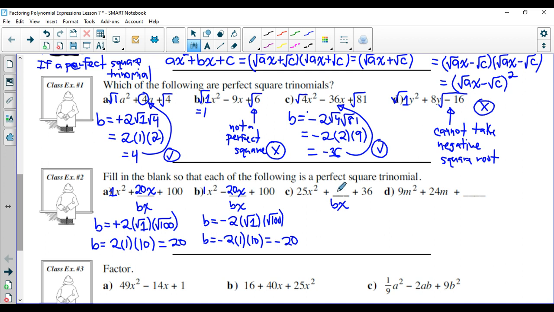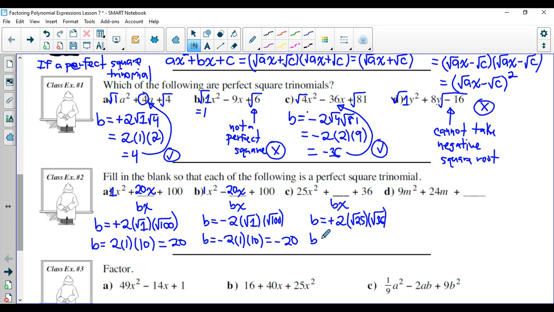Okay, how about this one? The numbers are a little bit bigger. Okay, so we want to calculate the value of b. So first things first, the sign in front of the b is a positive, so we'll put a plus here. And then 2 multiplied by the square root of the first term. Okay, so that'd be the square root of 25, multiplied by the square root of 36.